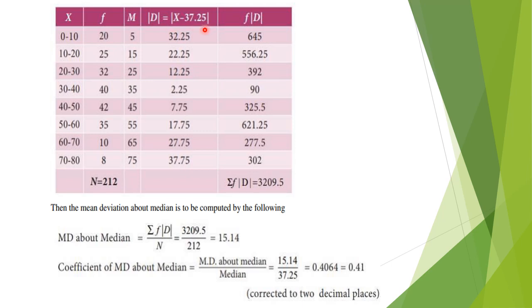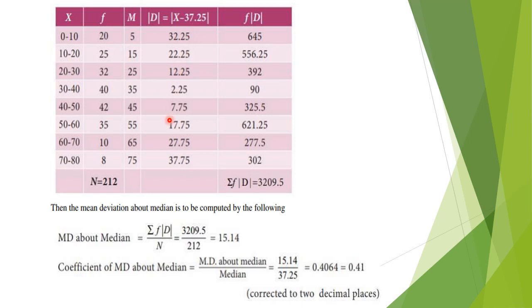Then the mean deviation about median is computed as follows. The formula is sigma fd upon sigma f, that is 3209.5 upon 212, equal to 15.14. Now we find the coefficient of mean deviation about median, which is mean deviation about median upon median.